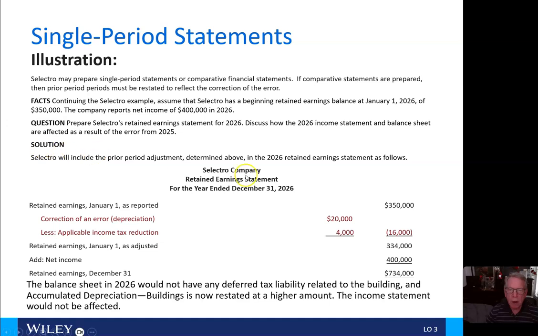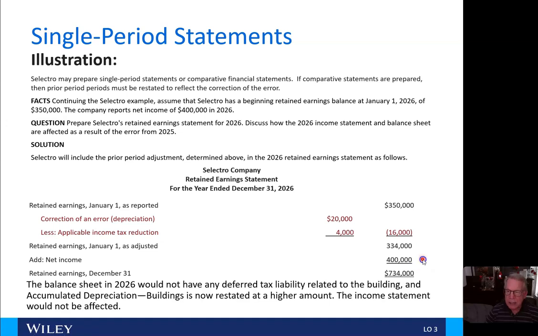The solution is that Selectro will include the prior period adjustment, which we determined above, in the 2026 retained earnings statement as follows. And here is Selectro Company's retained earnings statement. It starts out with beginning retained earnings. We correct the error here for depreciation, less the applicable income tax reduction, for a total reduction of $16,000, giving us a revised beginning retained earnings of $334,000.